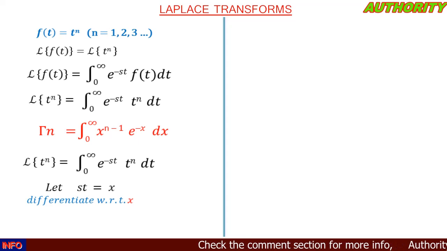We want to differentiate this st with respect to x, so we take s one side. Differentiating t with respect to x is going to give you dt over dx. Now, multiply by the s. That means we are going to have s dt over dx.